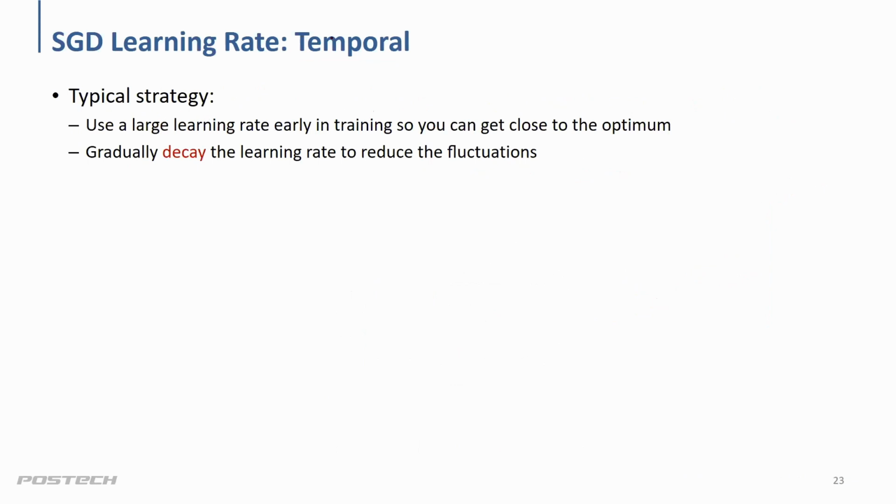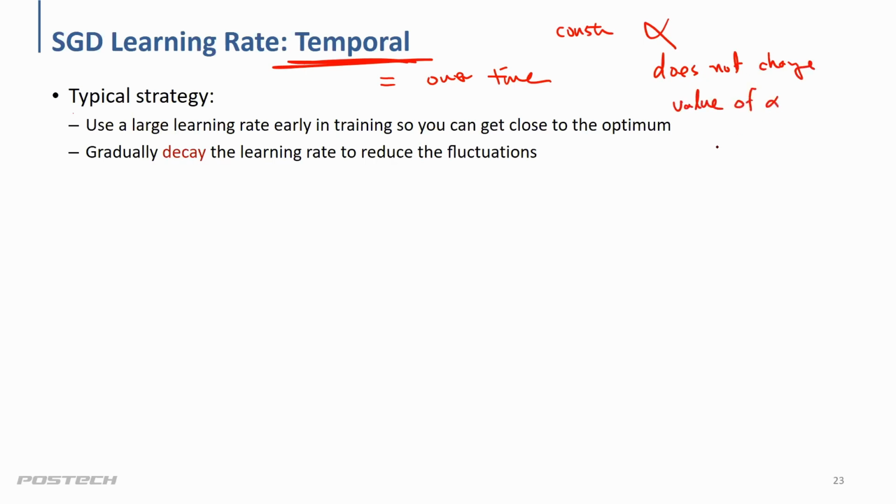And let's switch the topic to the temporal way. So this one is like over time. With constant alphas, we do not change the value of alphas over iterations.